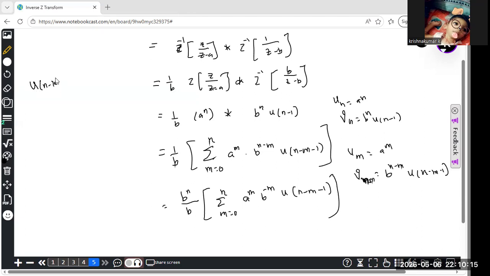u of n minus k is equal to 1 when n is greater than or equal to k, and 0 when n is less than k. Now, in the place of k, we have m plus 1, isn't it?